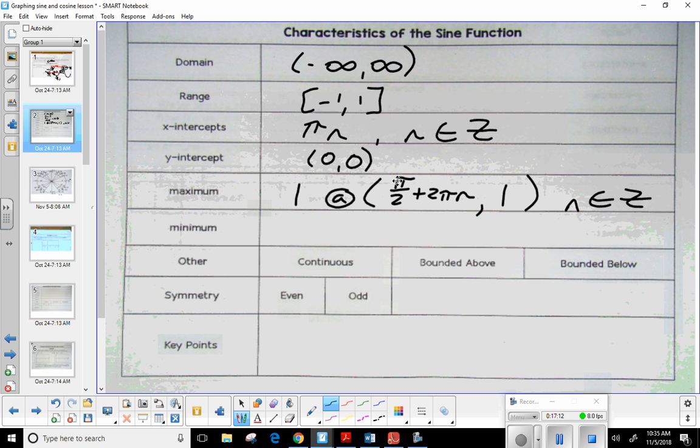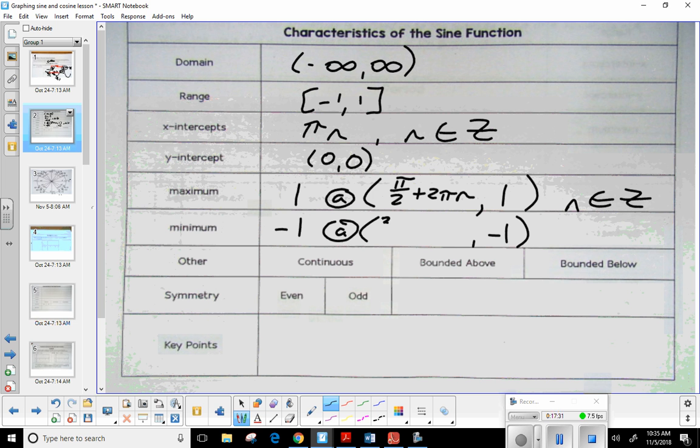Okay, so I'm going to go ahead and write it out the same way. We have a minimum -1 at, okay. So in the ordered pair, again, the y value is my minimum. So what expression should I write here to find any of those minimum locations?